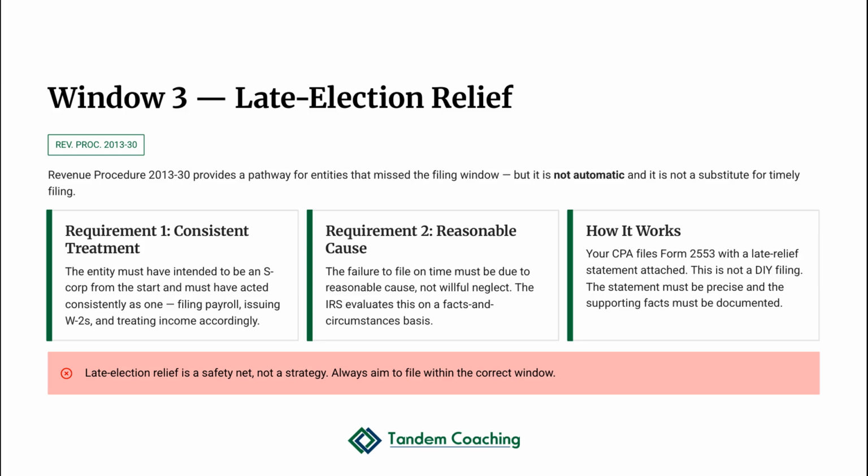The two-condition test, intended to be an S-Corp from formation and the missed filing wasn't willful, has to be supported by behavior in the books, not by an after-the-fact declaration. If your bookkeeping for the year already treats the entity as a default LLC and pays distributions like a sole proprietor, the reasonable cost story gets harder to tell. Bring this one to your CPA the same week you realize the deadline slipped.